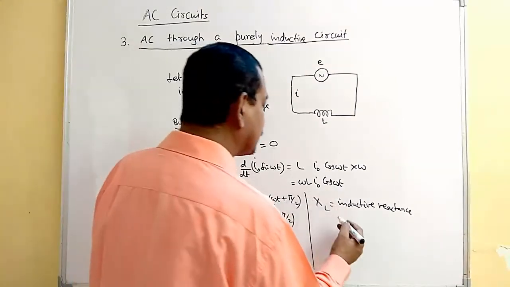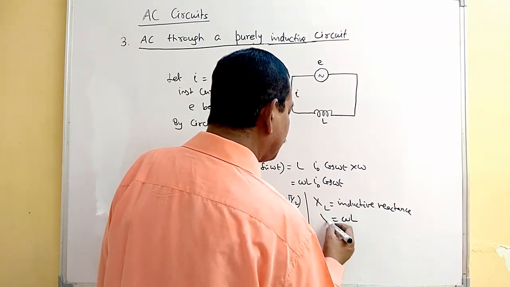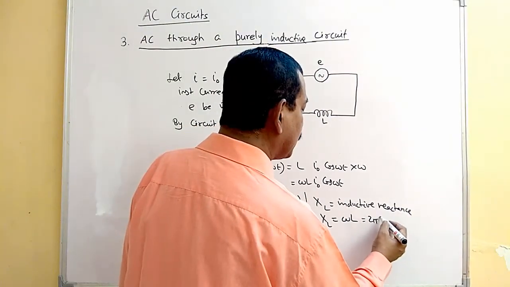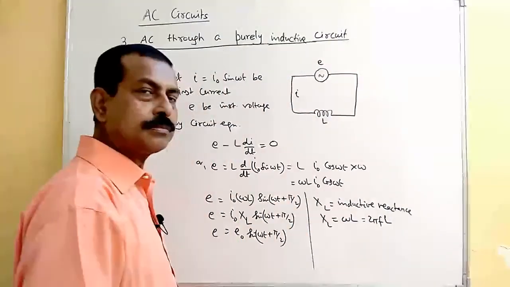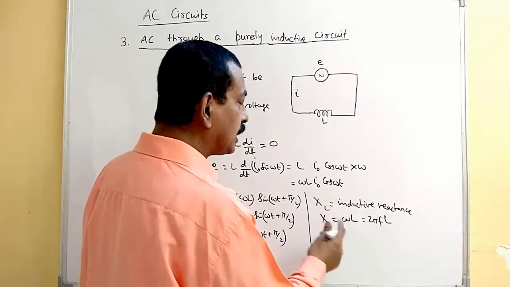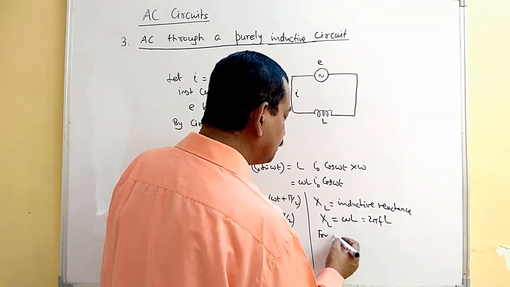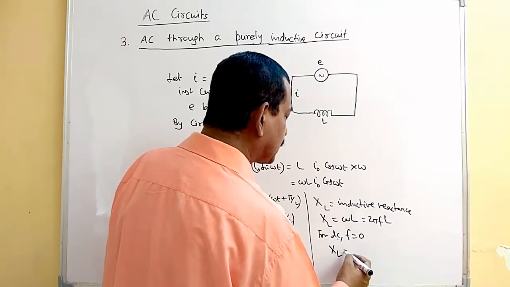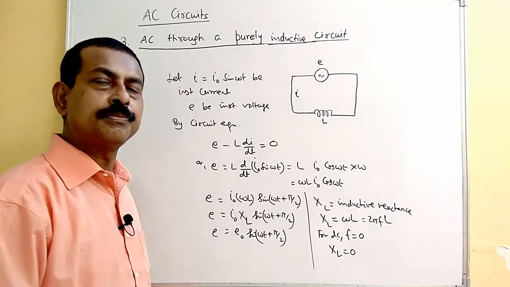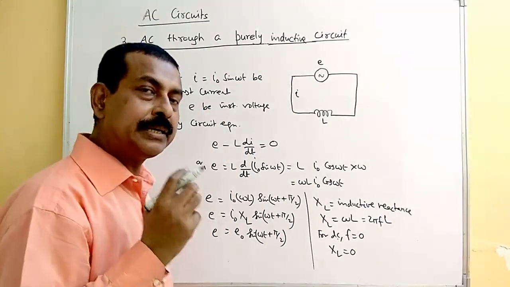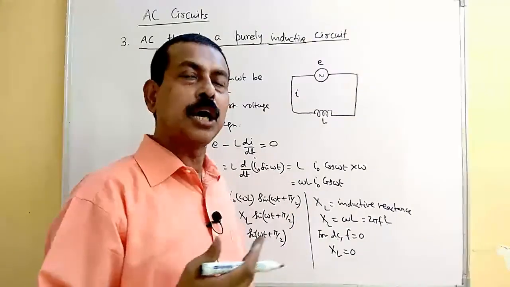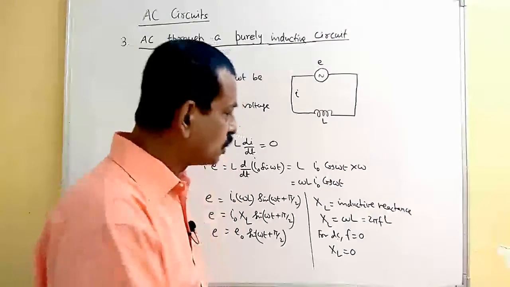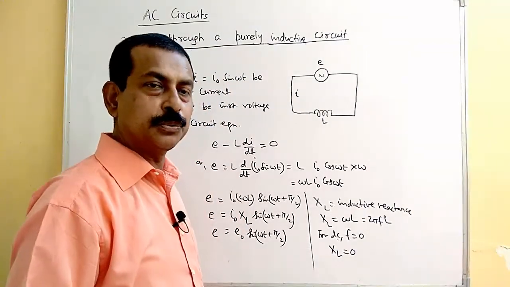This is the inductive reactance, and this is your omega L. So that can also be written as 2 pi F into L. So here, if you consider now that for DC, F is 0, so XL will be 0. That means an ideal inductor will not offer any opposition to the flow of DC. So this is your XL being 0.